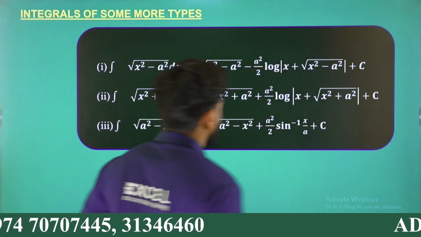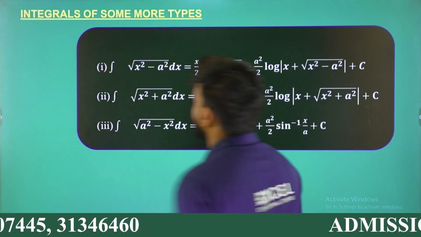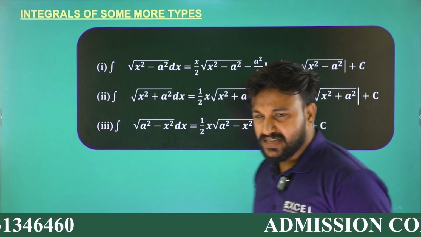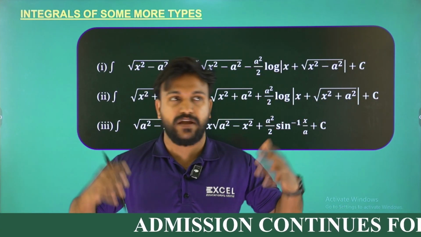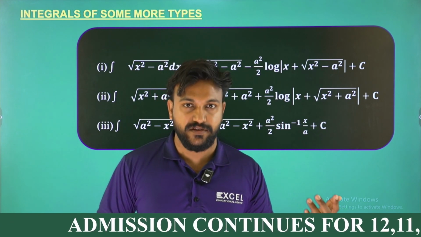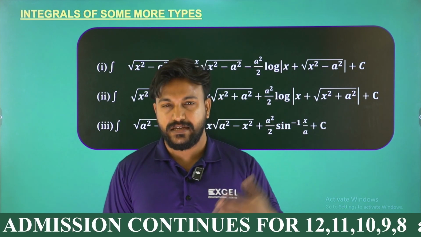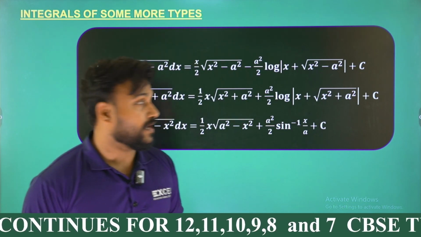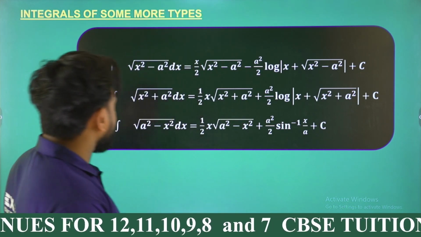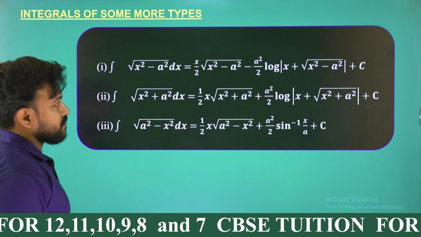The next part is integrals of some more types. We have done lots of derived equations, the 3 plus 3 equations and variations from them, integration by partial fractions, and integration by parts. After all these, we derive 3 more equations.